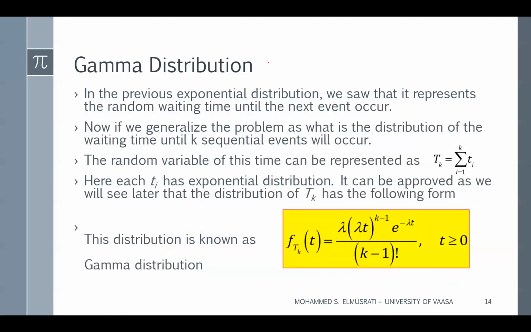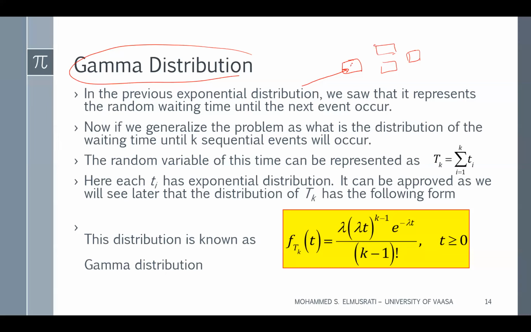We have another distribution called the gamma distribution, and this is actually nothing but the summation of exponential random variables. What I mean is, assume that we have a system that consists of several items, and assume that the distribution of the time required before a failure happens for each one of them is given by an exponential distribution.